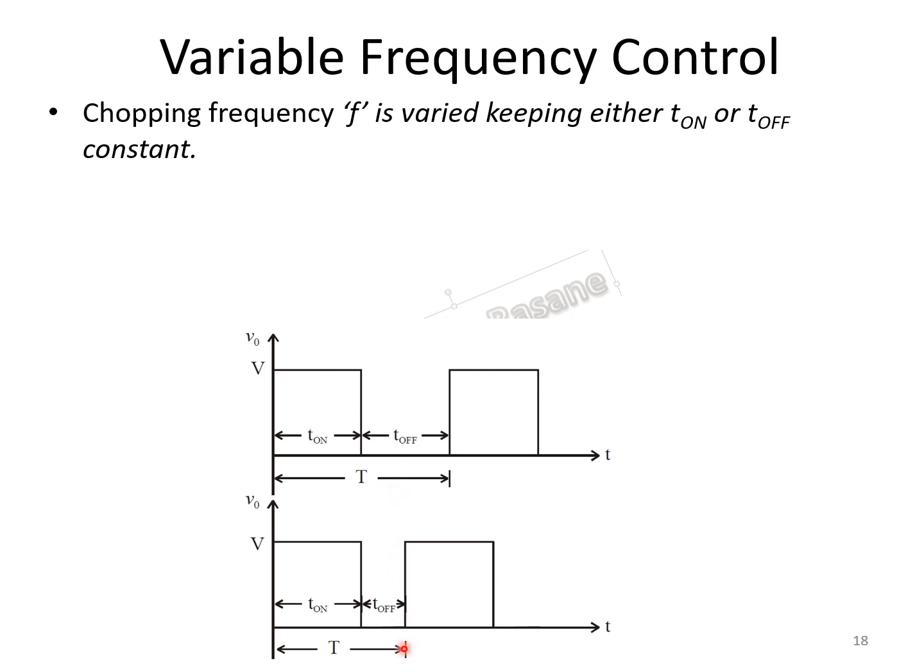So the chopping period is not fixed. Unlike earlier, here it is variable, but what is fixed is the on time of the chopper. The chopping frequency f is varied by keeping either T on or T off fixed; the other can be variable. In this case, I have kept T on fixed, and hence as I vary T off, the time period is going to change.